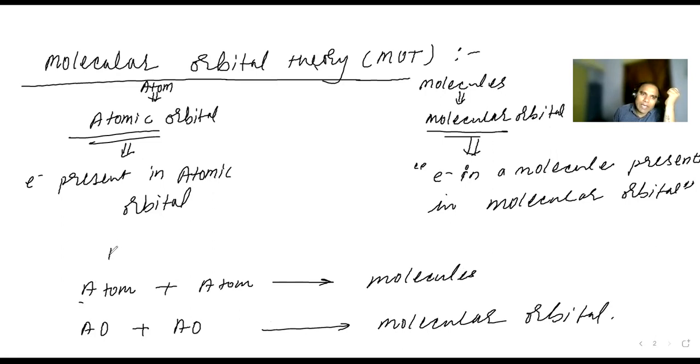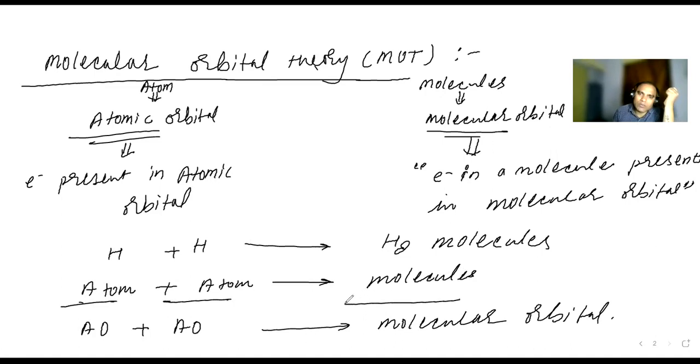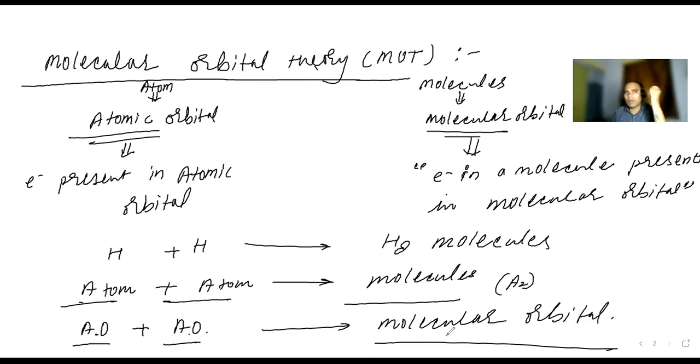Like atom H plus H combine to give an H2 molecule. If atom and atom combine, they give a molecule, like an A2 molecule. Similarly, atomic orbital plus atomic orbital combine to give a molecular orbital.